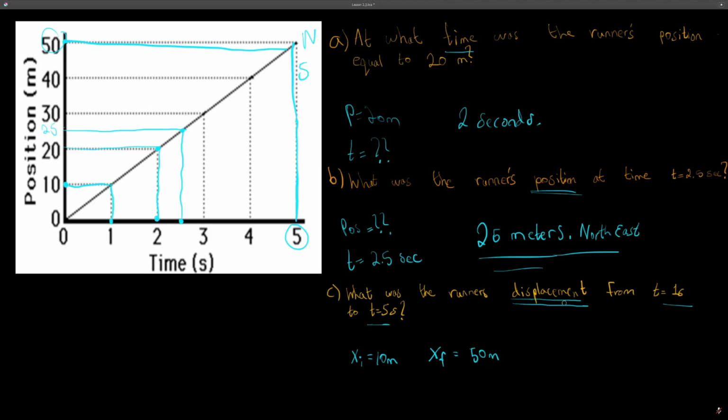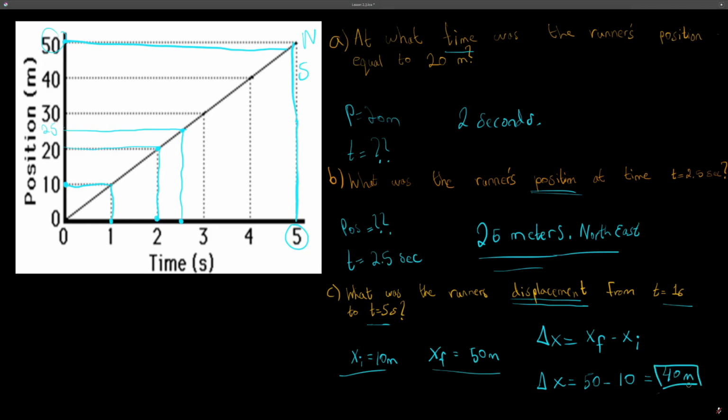Now, if you remember the displacement formula, it says that delta x, so displacement, is equal to x final minus x initial. If we substitute both values, we can see that delta x is equal to 50 minus 10, which is equal to 40 meters.